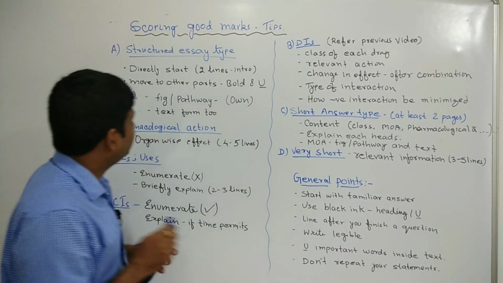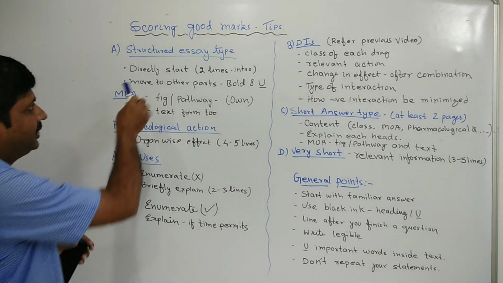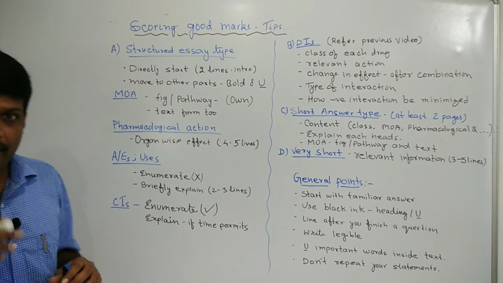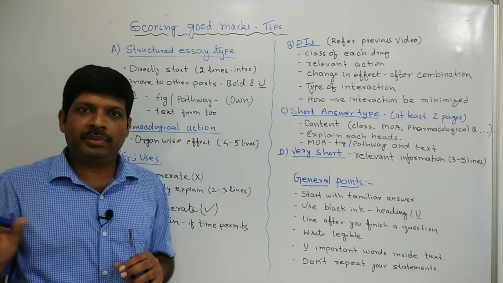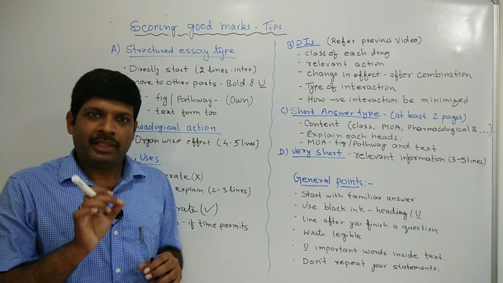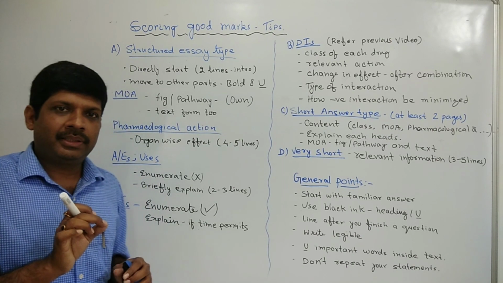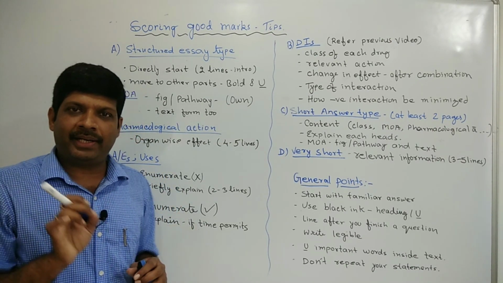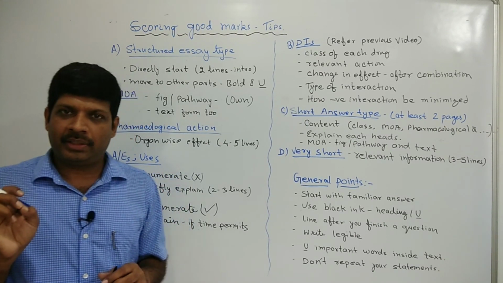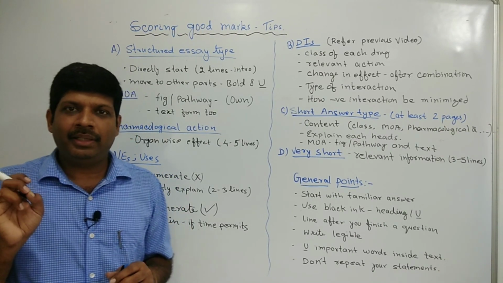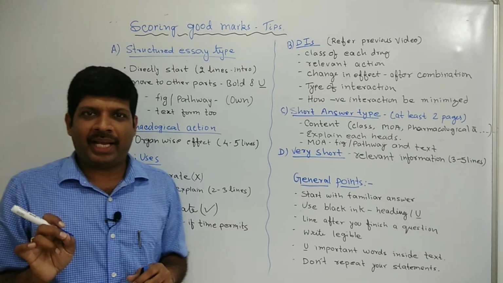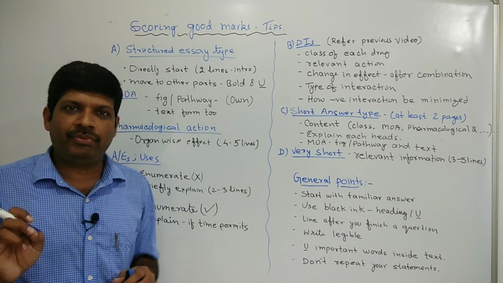The very first type of question is the structured essay type question. Usually this type of question contains structured parts, like classify nitrates or classify drugs used for angina, then explain the mechanism of action, pharmacological action and adverse effects of nitrates.